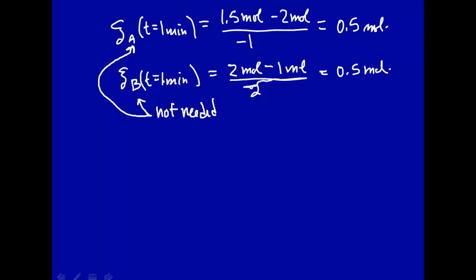The extent of reaction does not depend on what reactant or product you choose, because of the way it's defined, and that minus sign will take care of disappearance of reactants. So in general, we can say ξ is defined as the number of moles at some time t minus the number of moles at time t equals 0 when you're starting, divided by the signed stoichiometric coefficient.